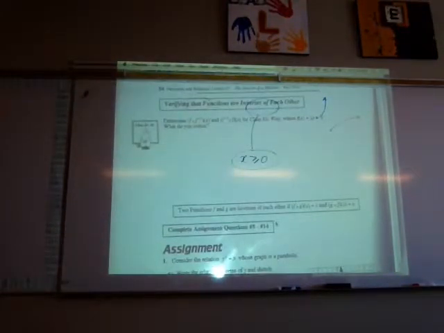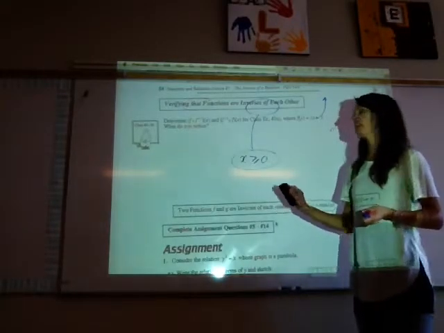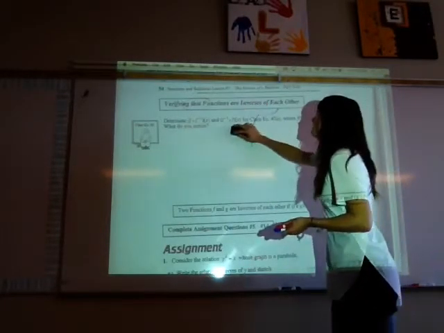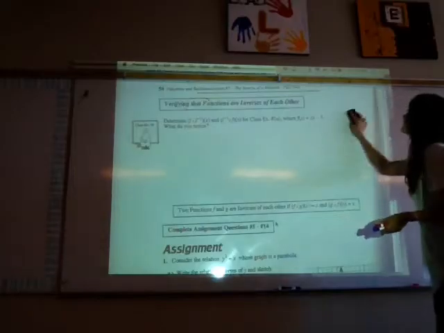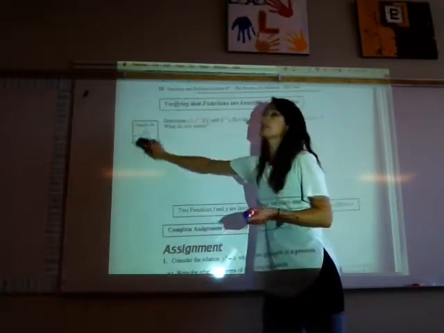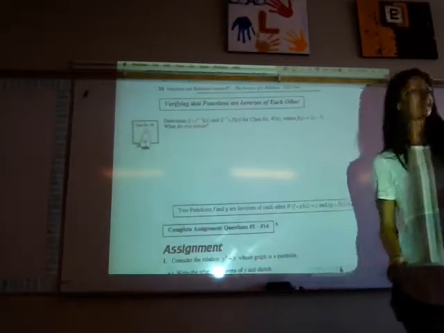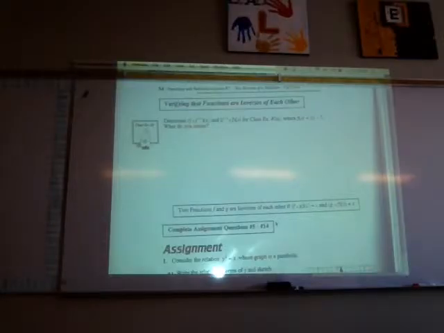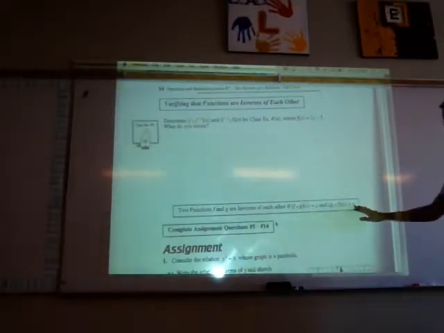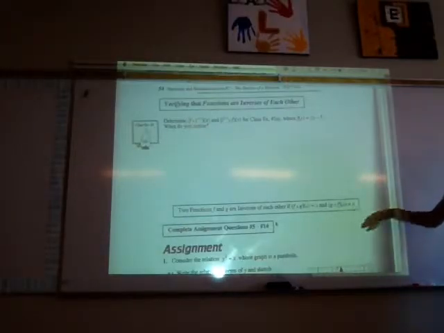Okay, lastly, if you're ever unsure if you have come up with the correct equation for the inverse of a function, there is a way to test it. Truthfully, I think it's a little bit more work than it is worth, but there is a statement that is true. Okay, so I'll just read the final result, what you're going to discover.